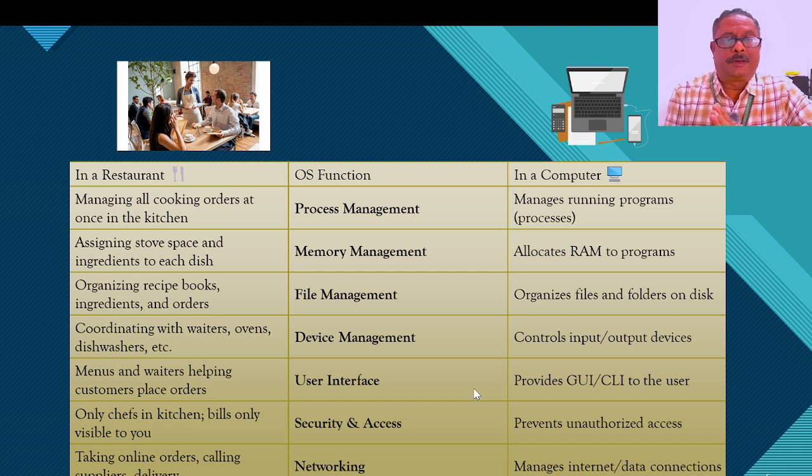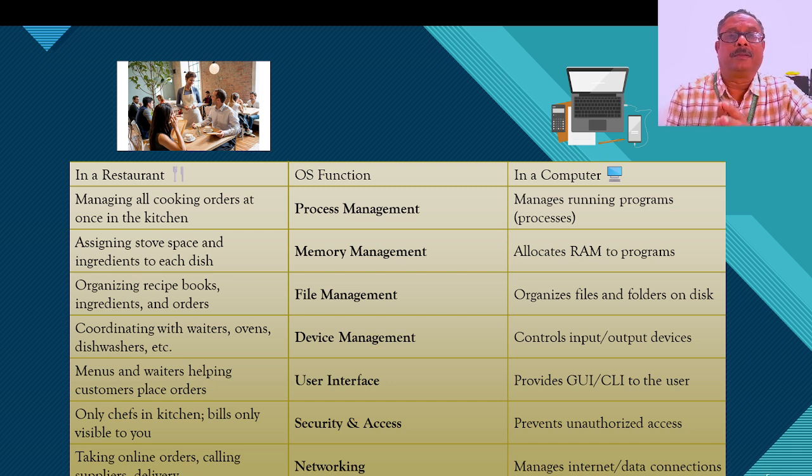That's a user interface. Then looking at security and access, in the restaurant kitchen only chefs are allowed, others are not allowed, so that others don't go in and disturb the environment, don't create any problems, and don't mix anything with the dishes. So security is very important there.